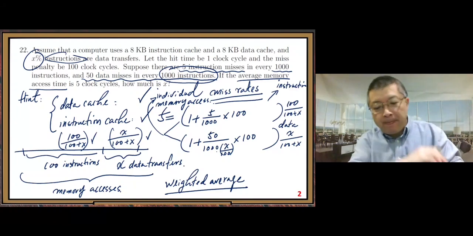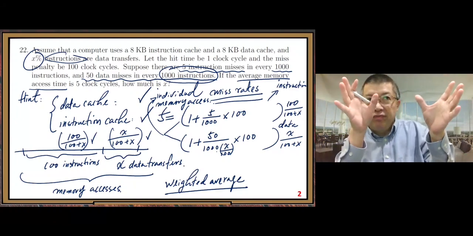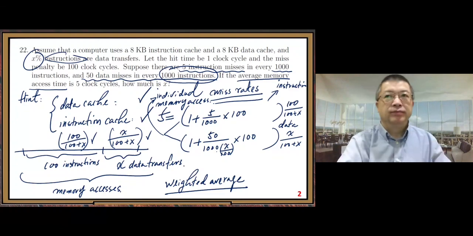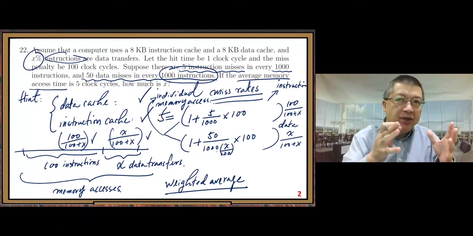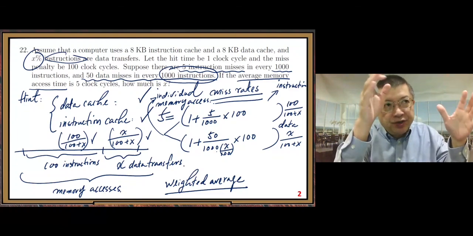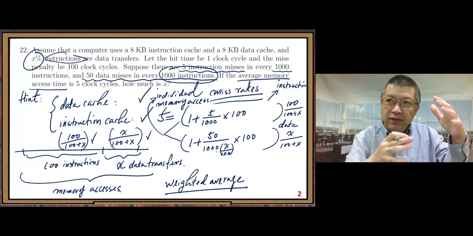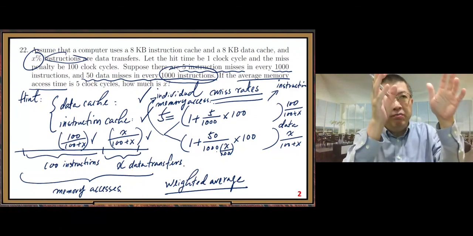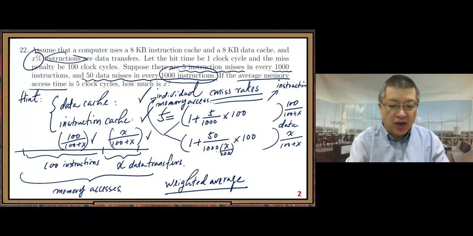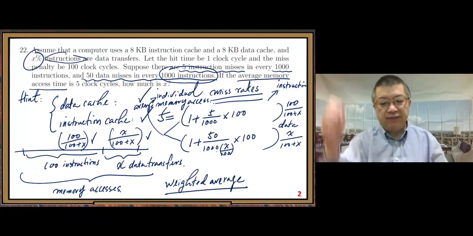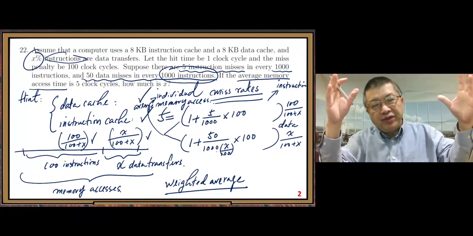So that's the equation you need to set up. Try to understand how we split the total memory accesses into instructions and data transfers, and then the individual average memory access times inside the parentheses.